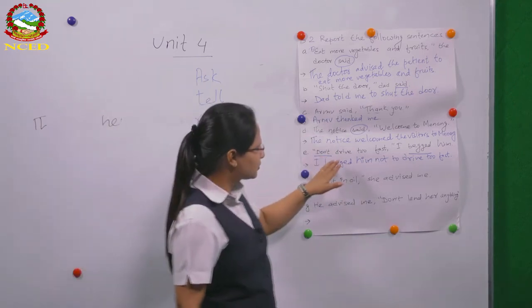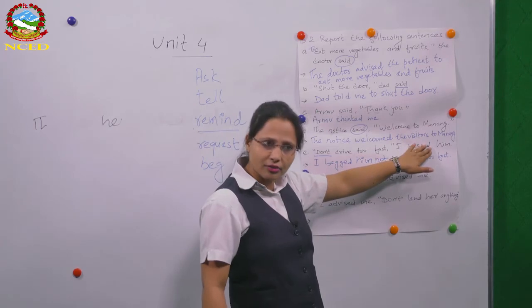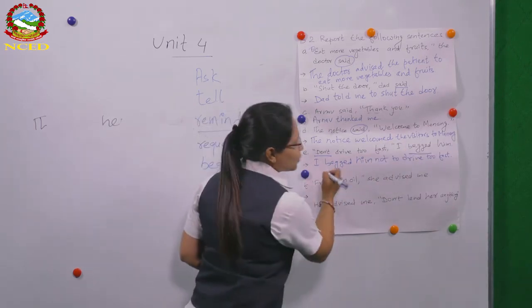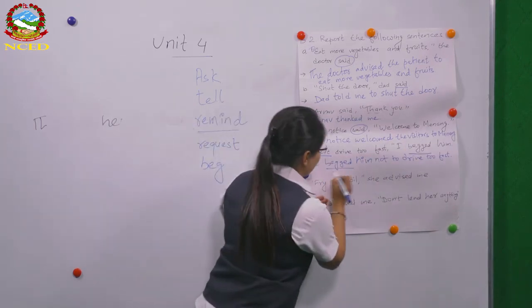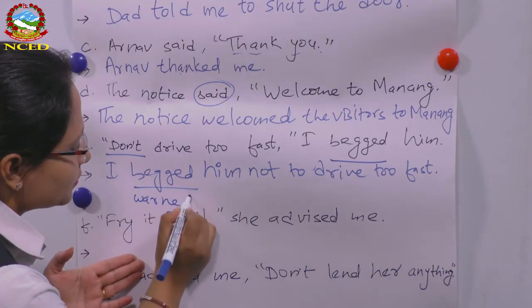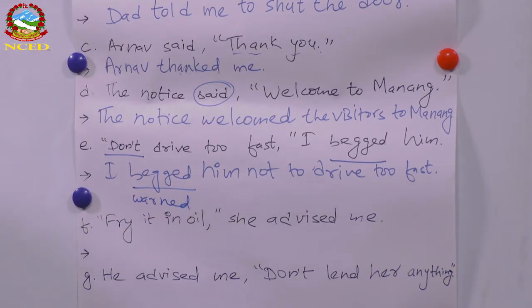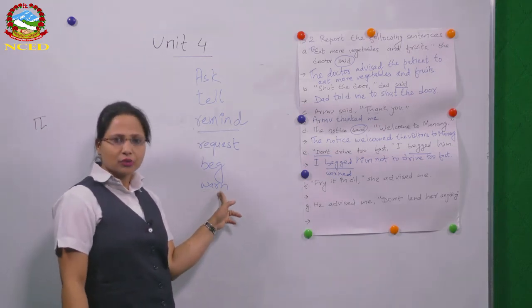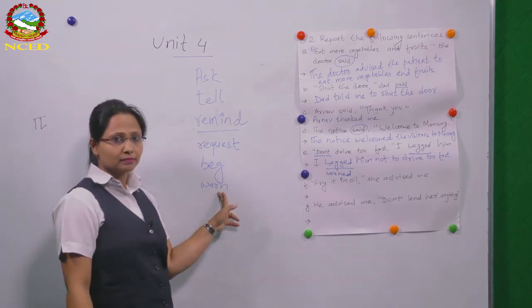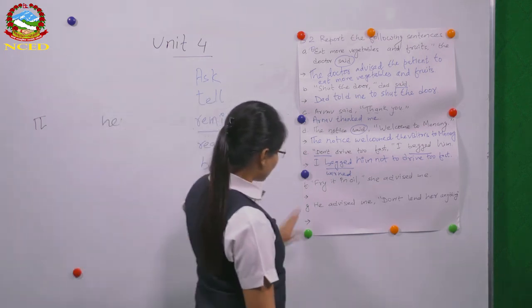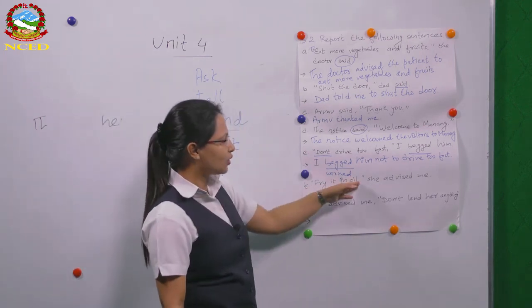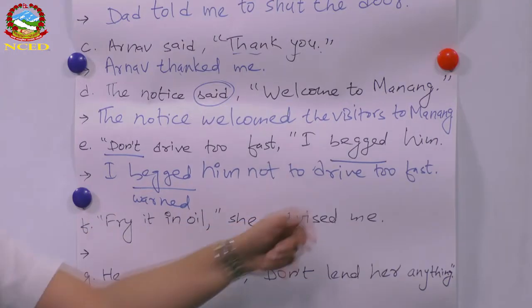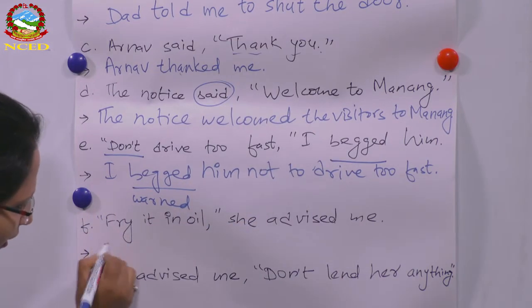So, if the reporting verb is not given here, or if you want to change it, you can also write warned. Okay? So, another type of reporting verb that we can use while reporting commands. Now number F. "Fry it in oil," she advised me. So it comes here again.